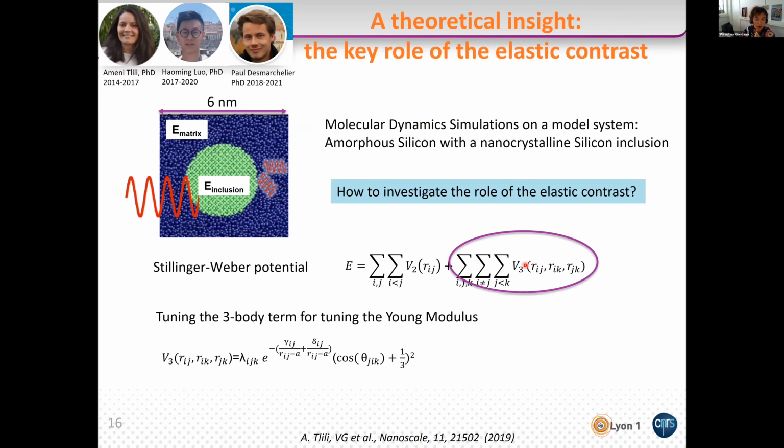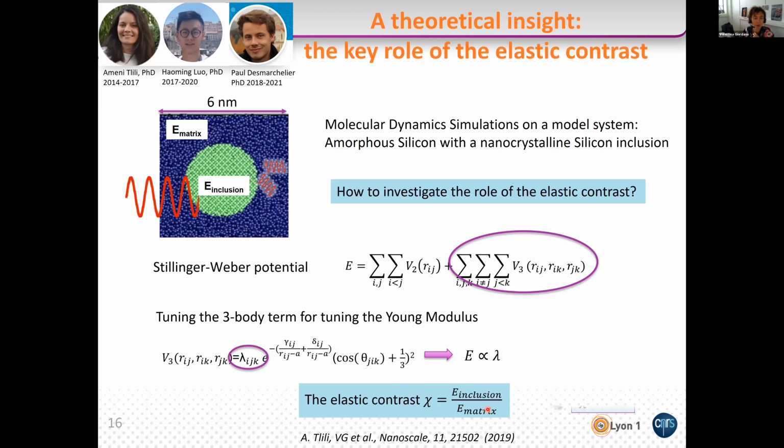And this three-body part has a dependence on a parameter lambda, which rules the rigidity of the system. Changing lambda, we change the Young modulus, so the elastic properties. And then we can change the elastic contrast, defined as the ratio between the Young moduli of the inclusion and the matrix. We have thus prepared a sample with no contrast and a sample with high contrast, where the inclusion is much harder than the matrix.